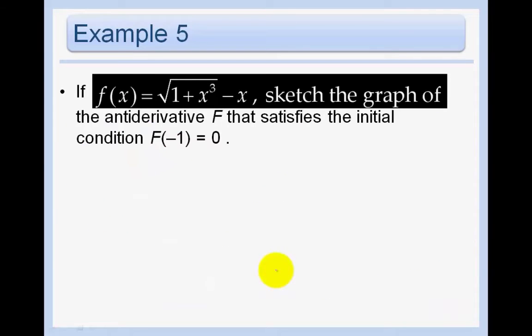In this question, we're asked to sketch the graph of the antiderivative that satisfies the initial condition f of negative 1 equals 0. So in order to sketch this, we are given the slopes.